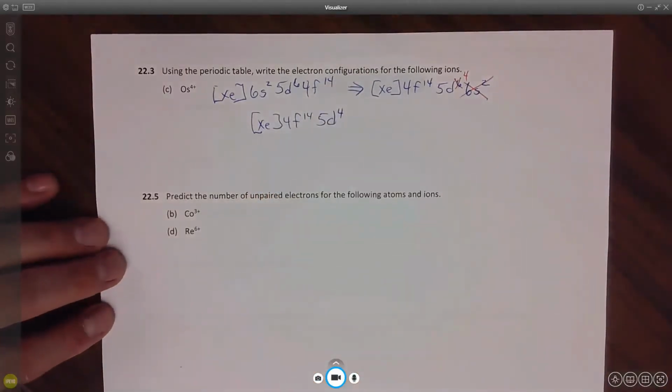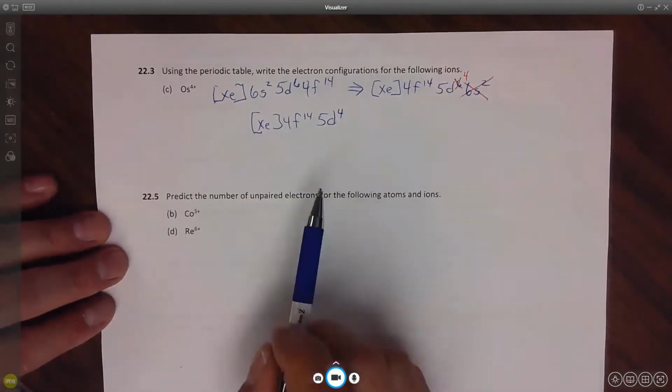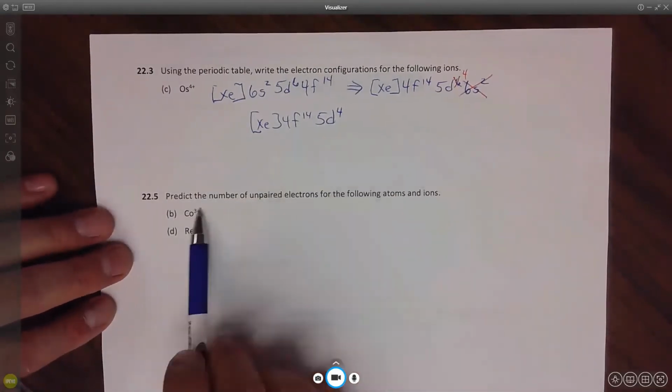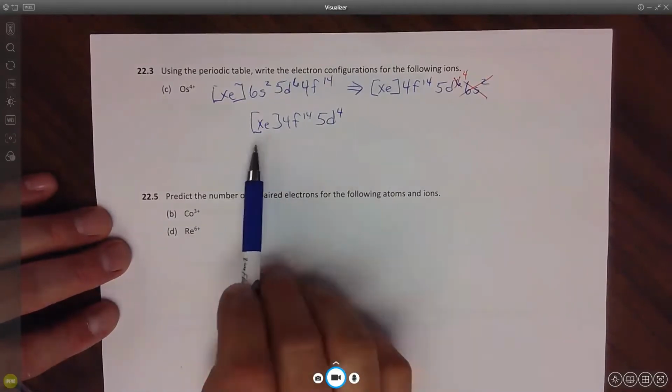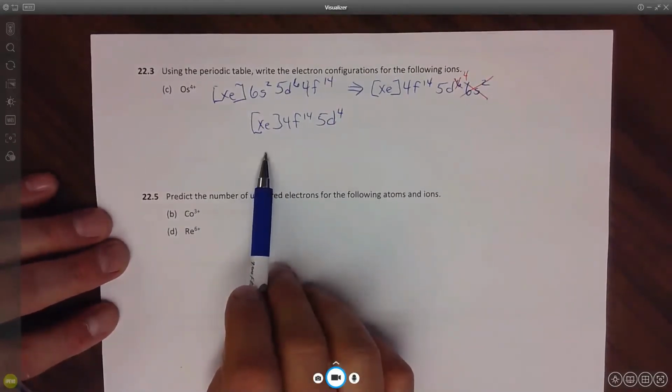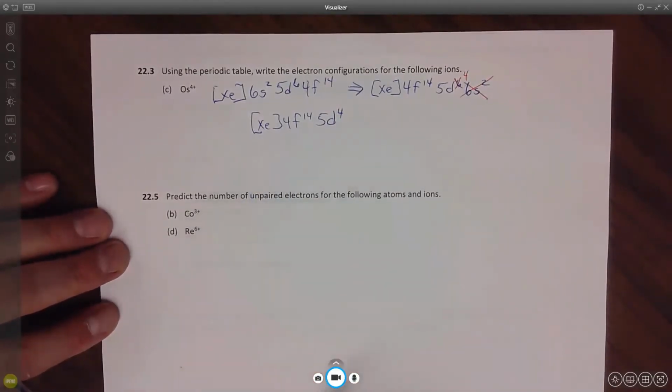Okay, now the reason we're doing this is we need to know how many unpaired electrons there are. To do that, we need to write the orbital diagrams for these things.